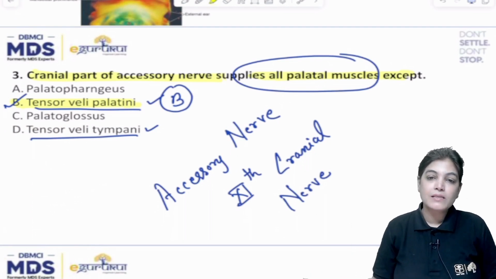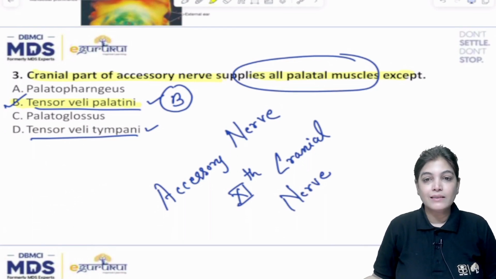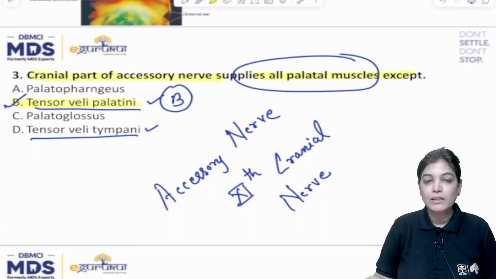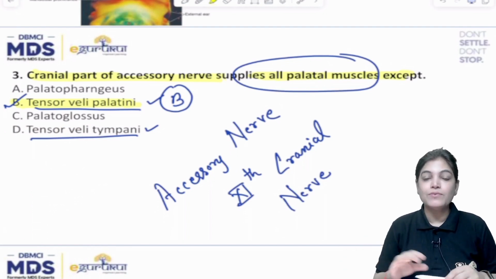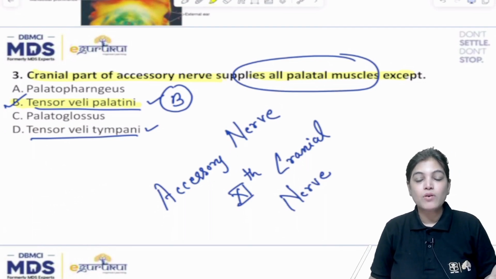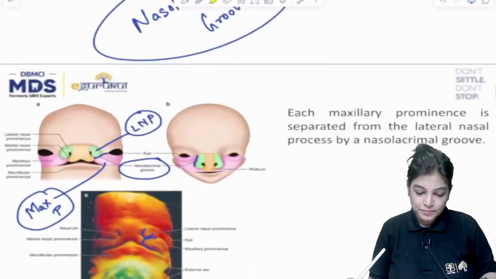We know all the muscles of soft palate are getting innervation from the vagus nerve carrying the cranial part of accessory, except tensor veli palatini, by the branch from the trigeminal nerve, that is mandibular nerve via nerve to medial pterygoid. The other one is tensor tympani, which is a muscle of the middle ear cavity. So here the muscles of soft palate were the focus in the question, which is not getting innervation. So we will go with tensor veli palatini as the right answer.